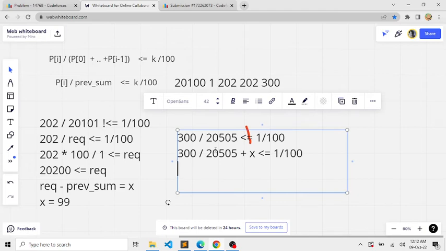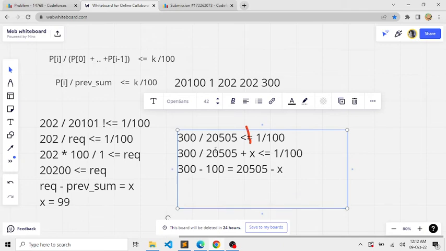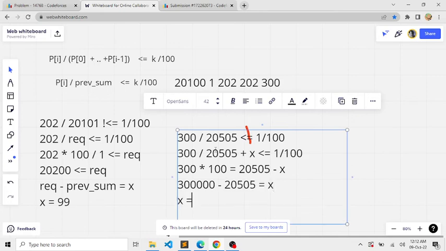Now if we were to find the value of x, it would be 300 into 100, so 3 followed by 4 zeros, minus 505 would be x, and x would be I think 495. Yeah, 495, right?